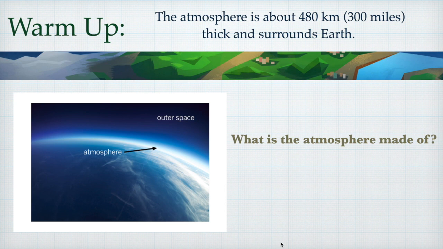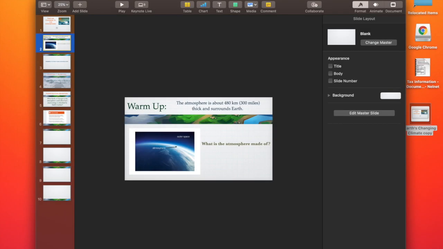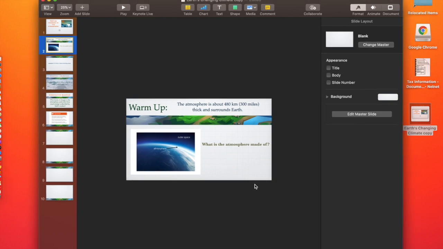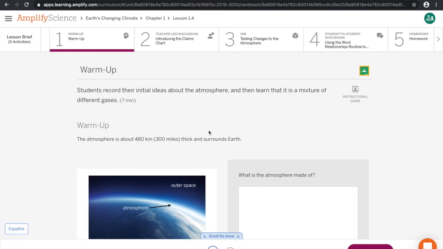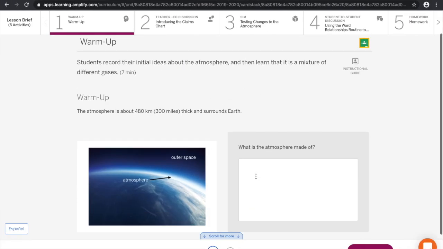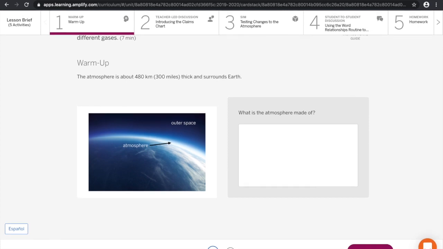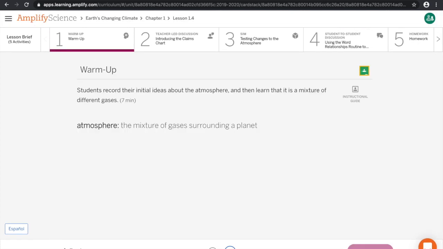So we're going to go into the simulator, and we're going to look at the mixture of gases that the simulator projects for us to complete. So I'm going to exit out of the slideshow and go right into the Amplify website. Again, this is where you should have answered the question. What is atmosphere?